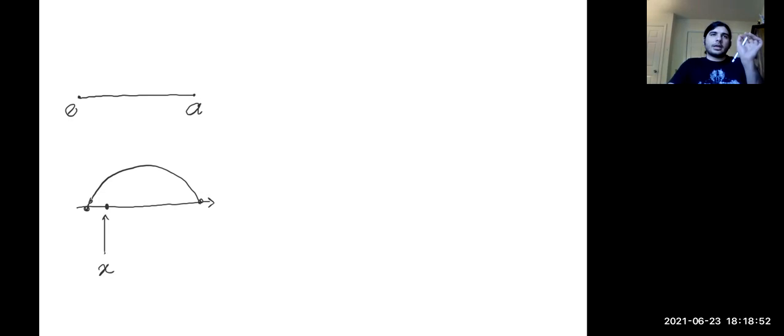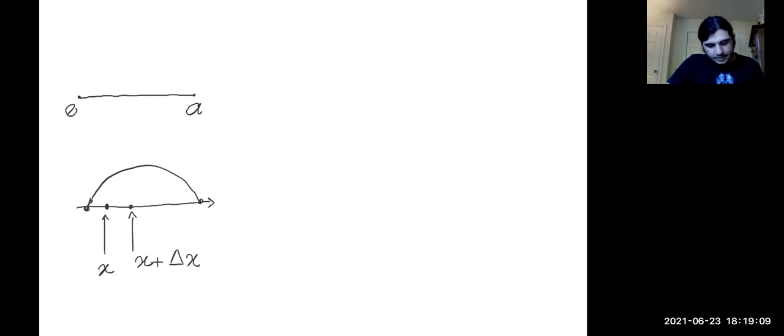Suppose I look at a point very close to the point x, just nearby, let's say x plus delta x, very, very close to x, just on its right side.